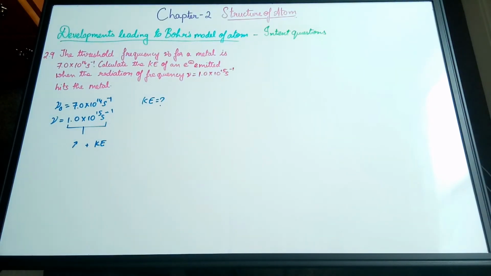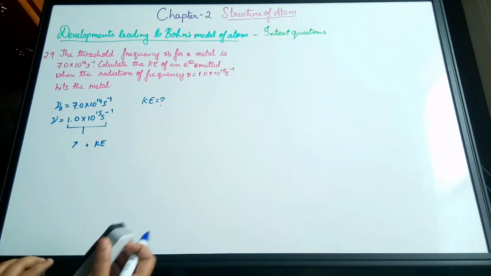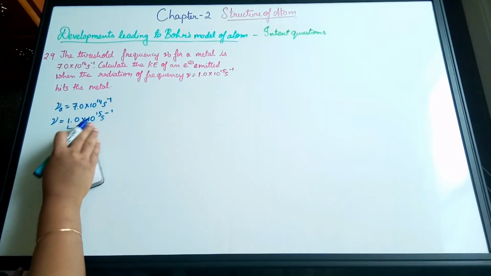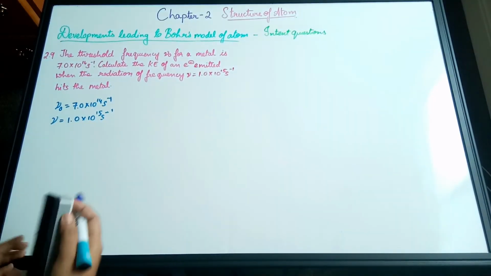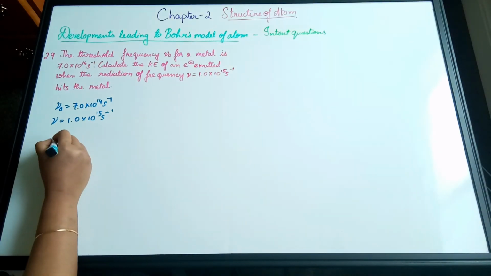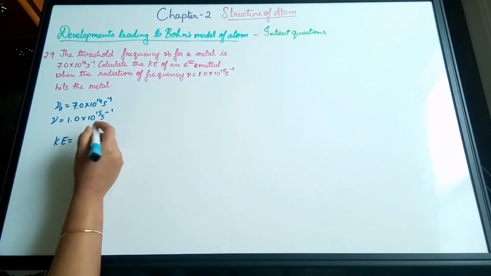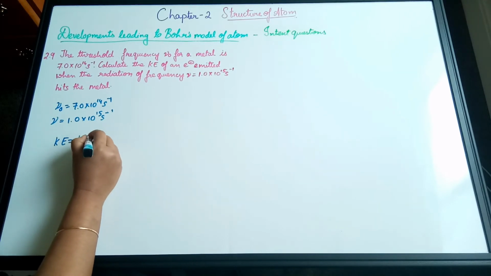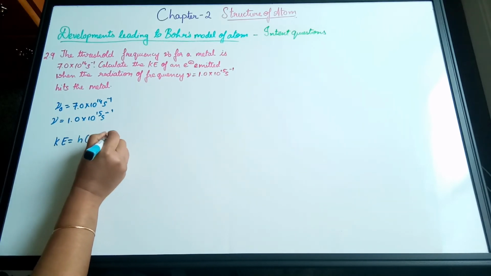Now, using the Planck's quantum theory, Einstein was the one to explain the concept of photoelectric effect. And in his explanation, if you recall, we had an equation which said that kinetic energy equals h of mu minus mu naught.